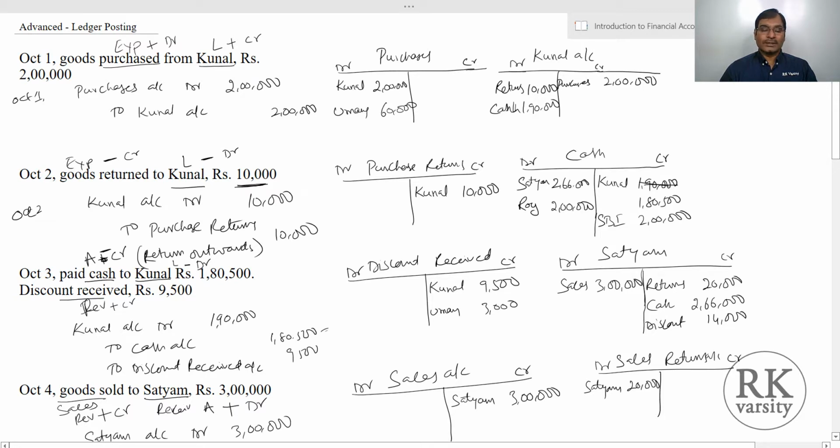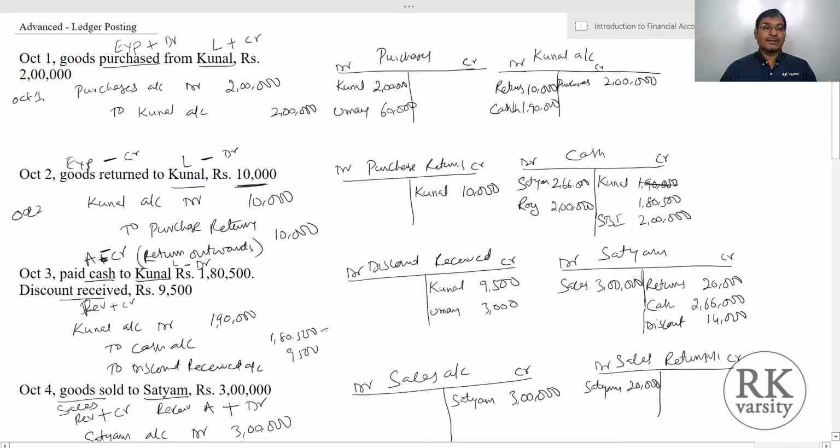But even to design that computer program or to understand how your accounting packages actually work, you should know how to generalize the transactions and what are the two or more accounts involved in each transaction, which account is to be debited, which account is to be credited, and then how those transactions will move to the ledger account. This basic understanding is very much required.